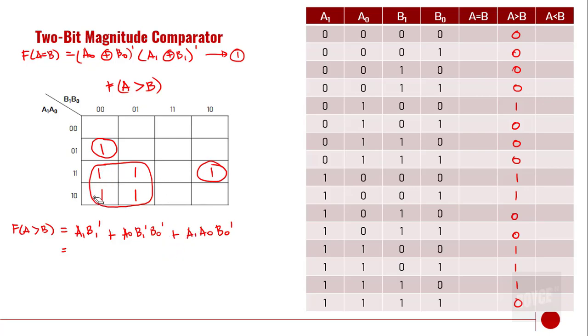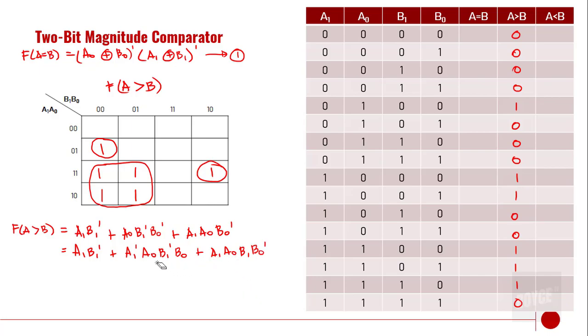So, itong first group that will be retained, A1, B1 prime, this grouping would be A1 prime, A0, B1 prime, and B0. And this grouping would be A1, A0, B1, B0 prime. So, bakit ko ginawa yon?